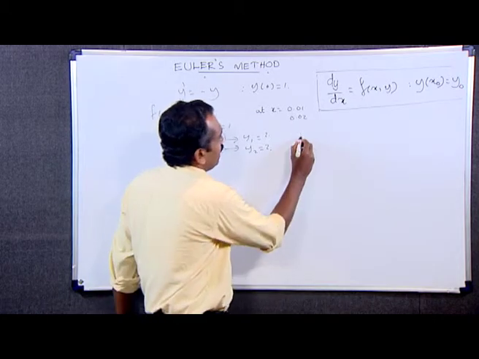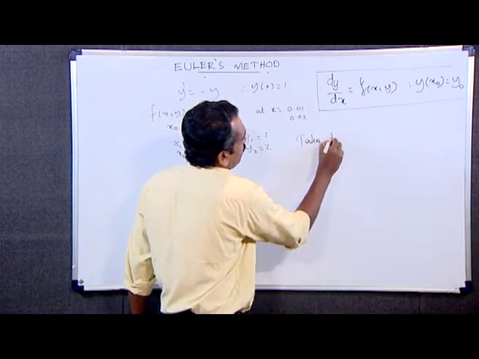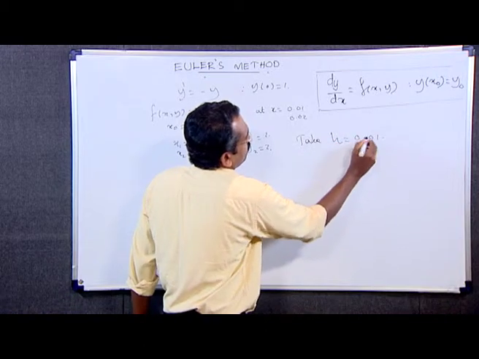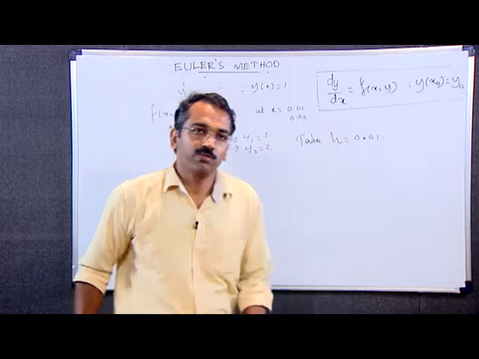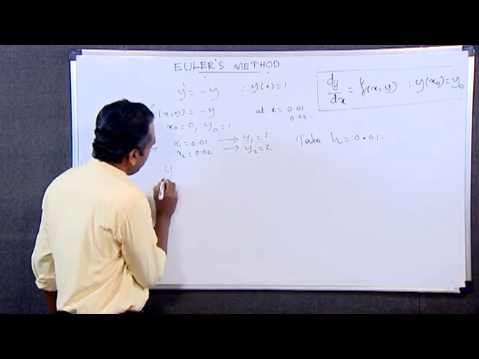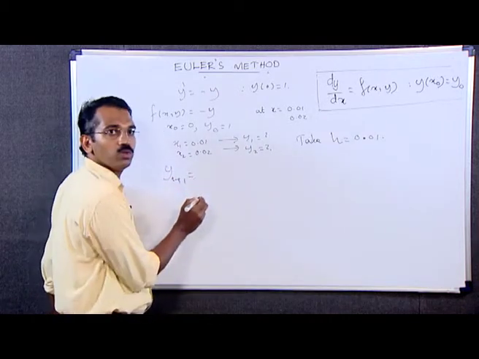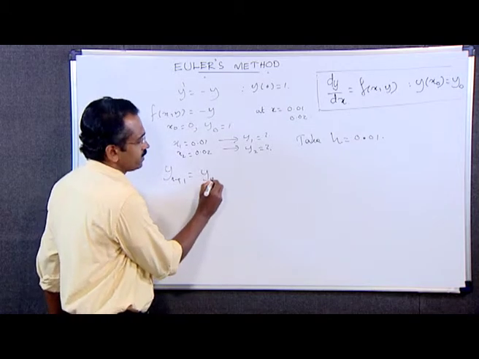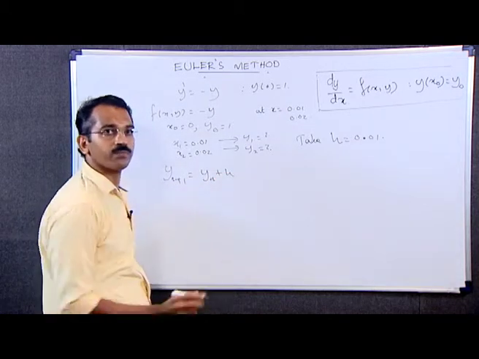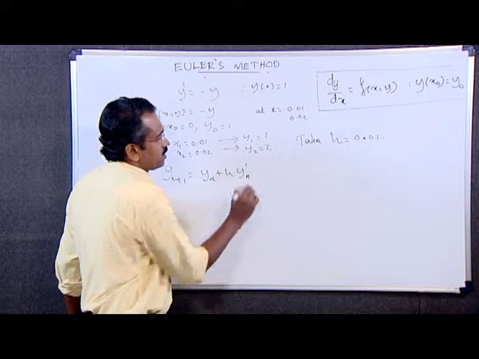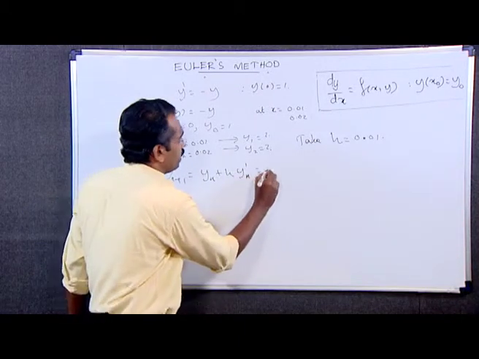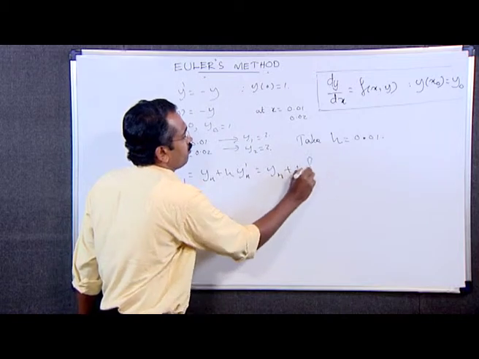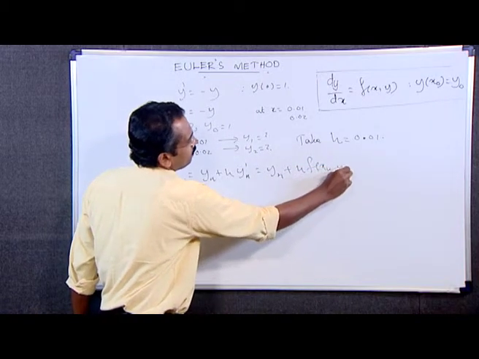We take h as 0.01. By the Euler's formula, we have y(n+1) is equal to yn plus h into yn dash, that is yn plus h into f of xn, yn.